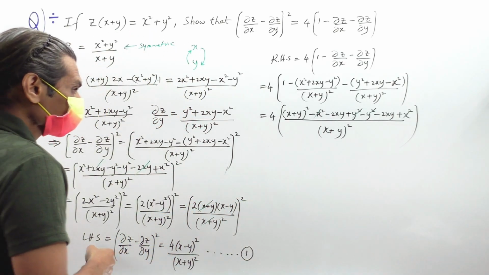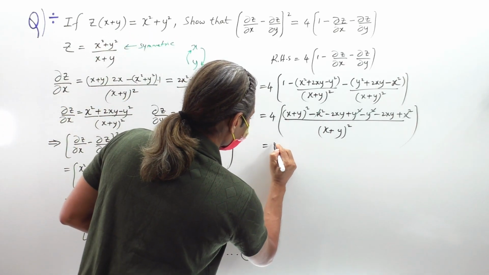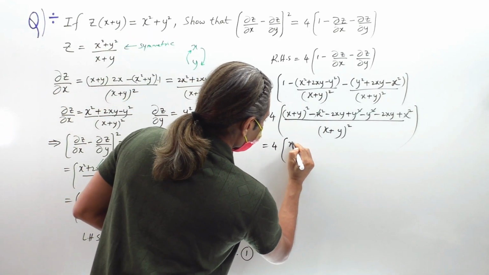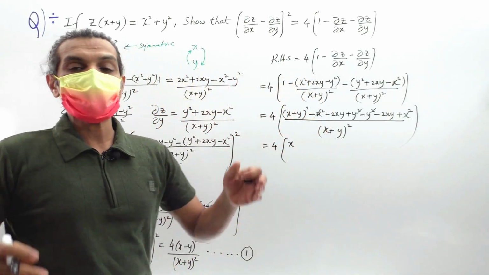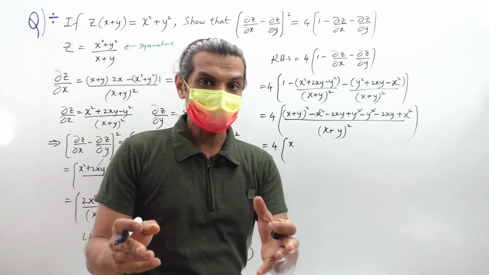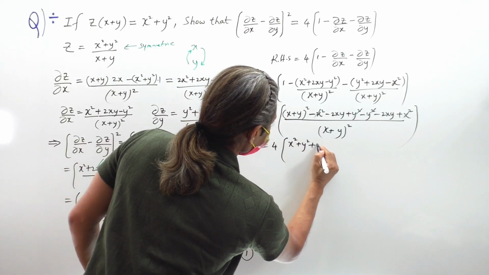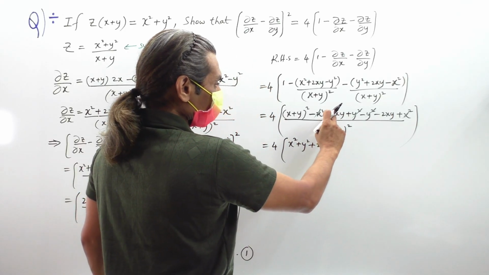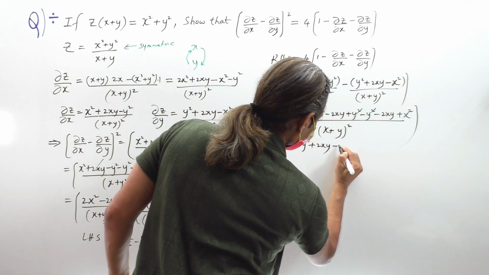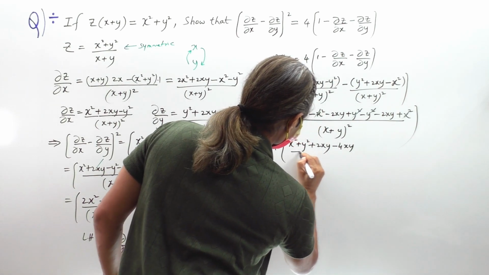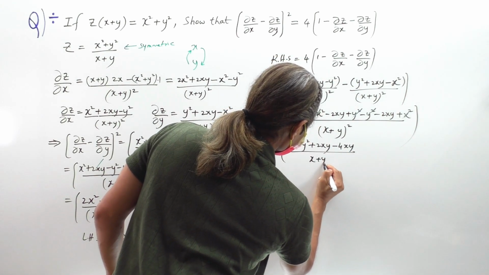So what remains? I'll again expand this. So this will be 4 into (x plus y) the whole squared, and (a plus b) the whole squared is a squared plus b squared plus 2ab. So x squared plus y squared plus 2xy, again minus 2xy will be minus 4xy, the whole divided by (x plus y) the whole squared.